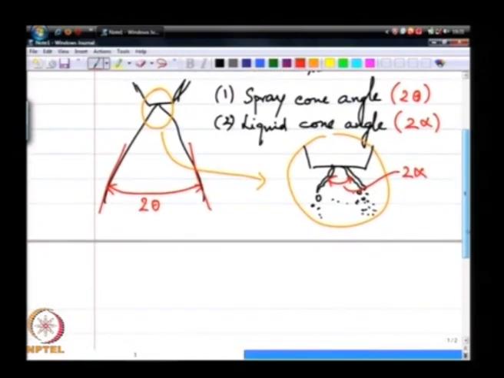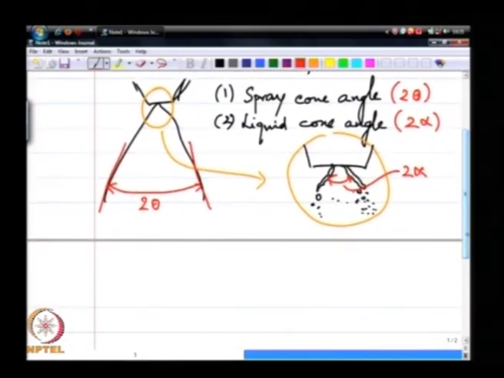Now, how do you measure these two properties? The liquid cone angle can be measured from a high speed image, a snapshot of the spray at this magnification as shown, and it is fairly straightforward and very clearly defined, because this is a liquid sheet that is formed at the exit, and the angle made by the liquid sheet is very clearly defined.